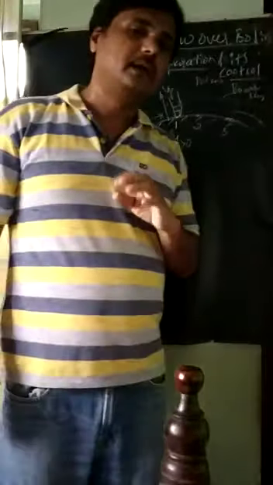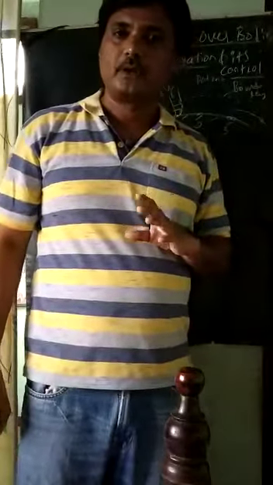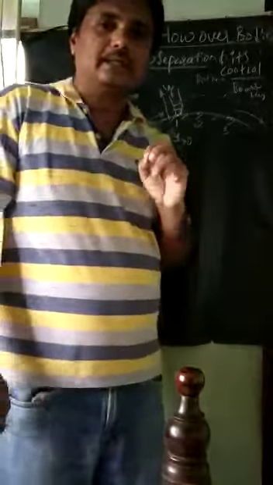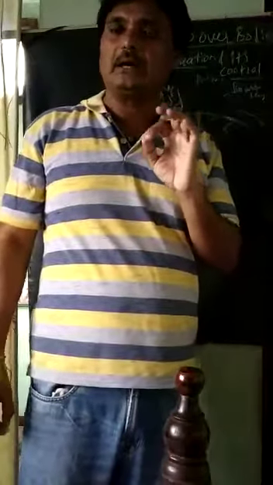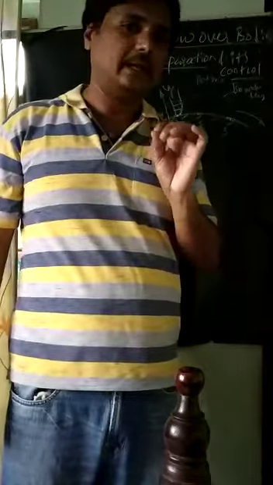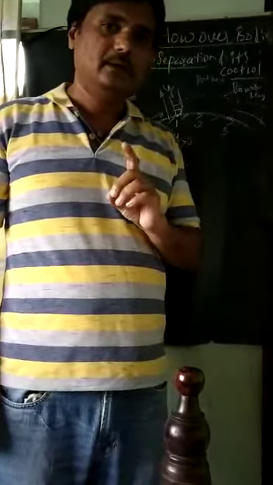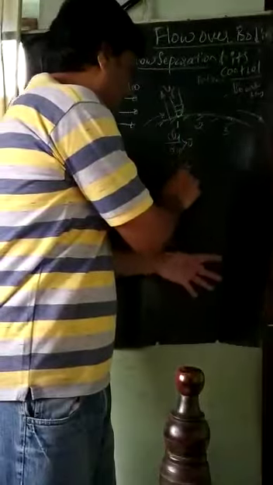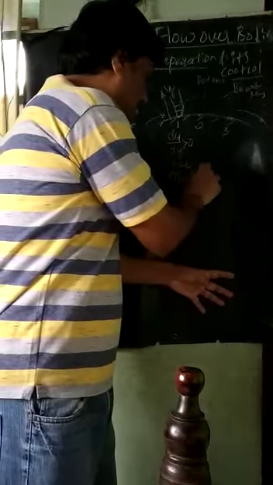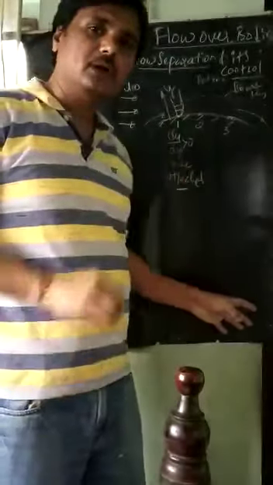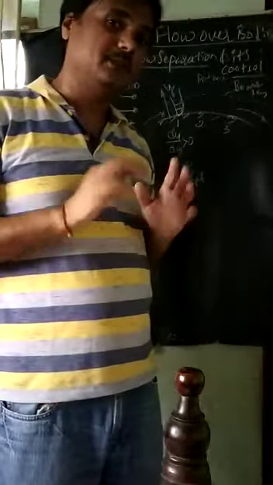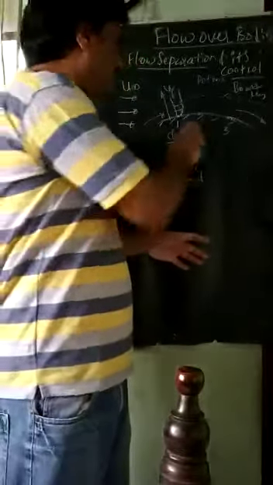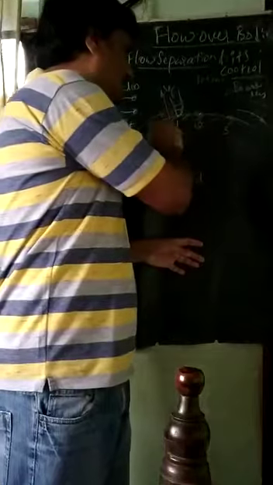When the velocity gradient within the boundary layer is positive, it indicates mathematically that the flow is attached here. Means what? Not separated here. Mathematically we can tell.